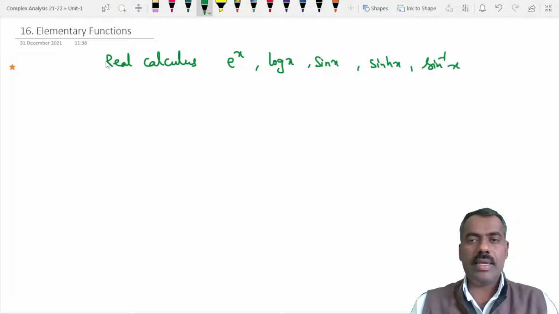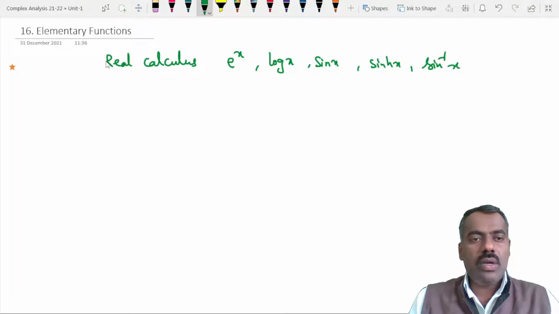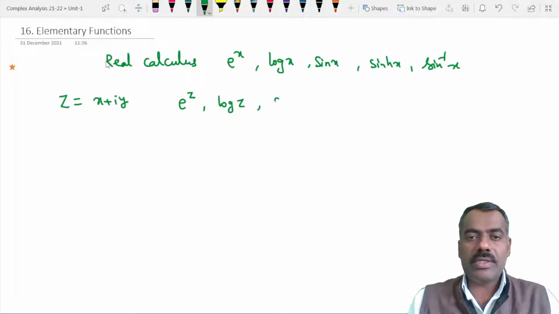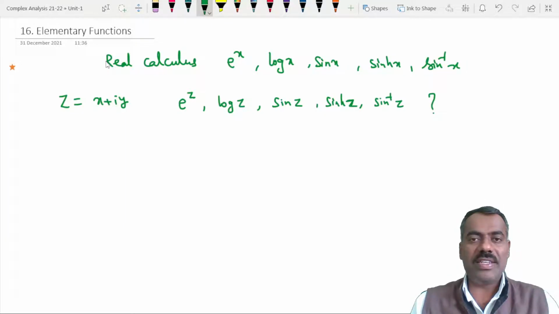Now when you take z, which is a complex number, x plus iy, can we talk about e power z, log z, sin z, sin hz, sin inverse z, and so on? These are just examples I'm talking about. How can we define these?